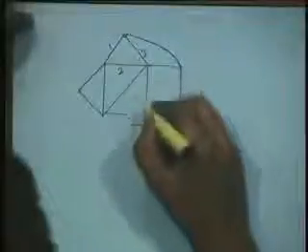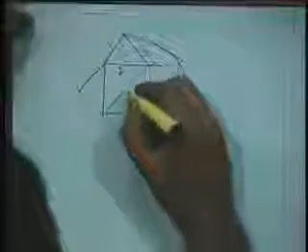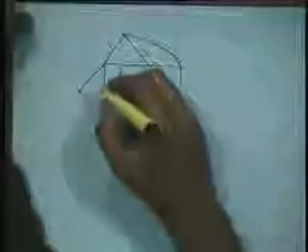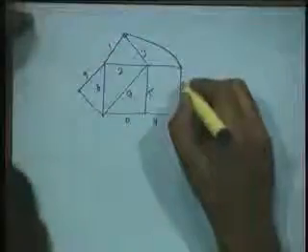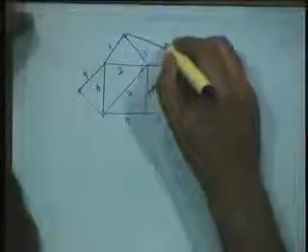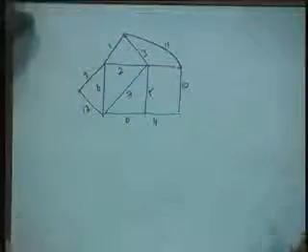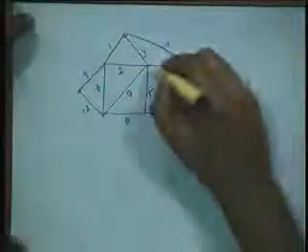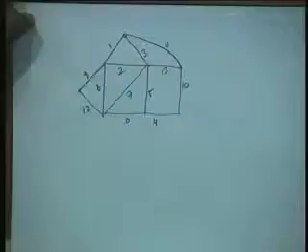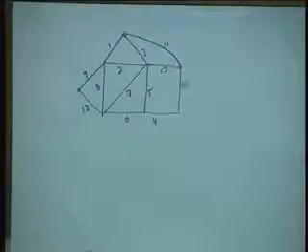So I'll just arbitrarily put down edge lengths 1, 2, 3, 4, 5, 6, 7, 8, 9, 10, 11, 12. Say I missed out one, 13. Now how does Prim's algorithm work?